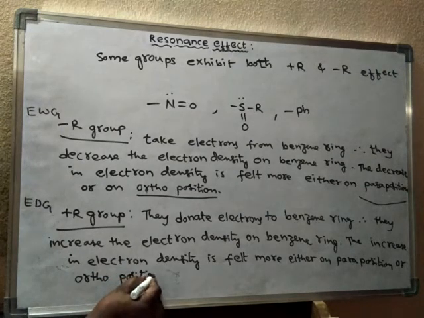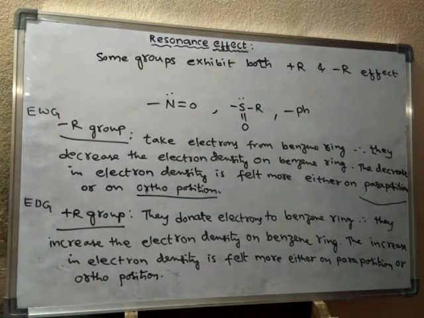That means resonance effect groups either increase the electron density or decrease it. If minus R groups are present, they decrease the electron density. If a plus R group is present, it increases the electron density.